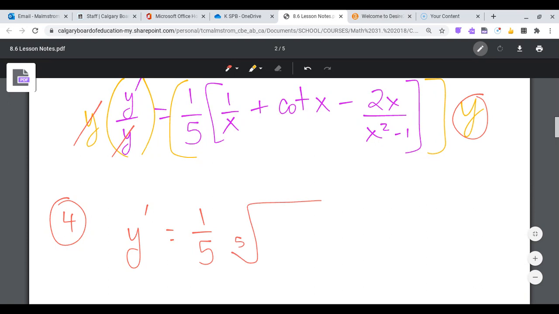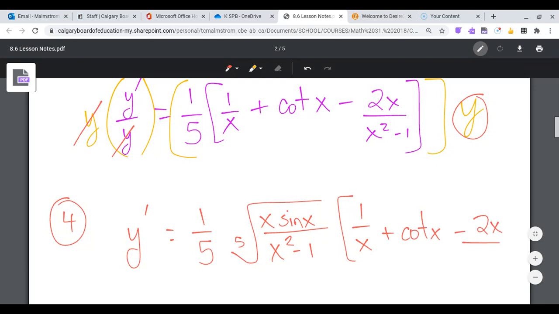The 5th root of x sine x on x squared minus 1. And then we have our ugly 1 on x plus cotan x minus 2x on x squared minus 1. And that's it. That one is done.